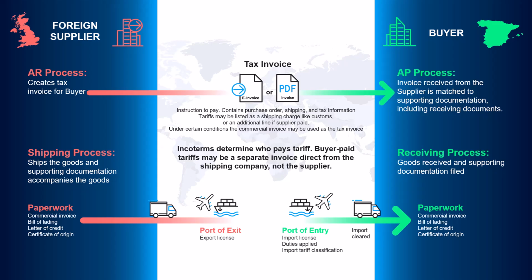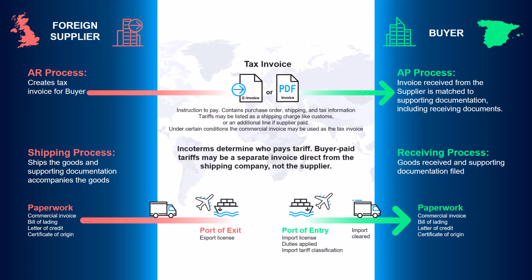So before the goods leave the port of departure, the supplier will have settled all these particular charges, including the trade tariff. But that only happens in DDP. And again, by the time they reach the port of entry, so they come into the country of the buyer, these tariffs will have already been paid.